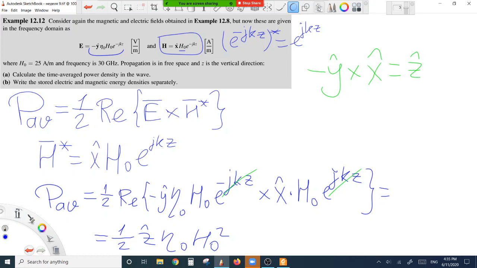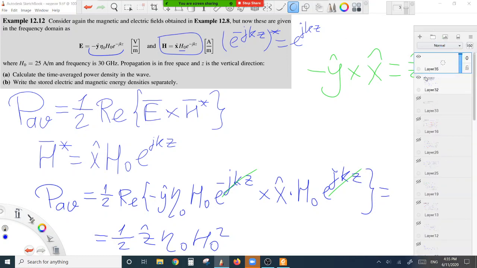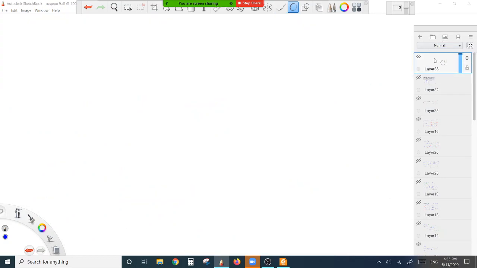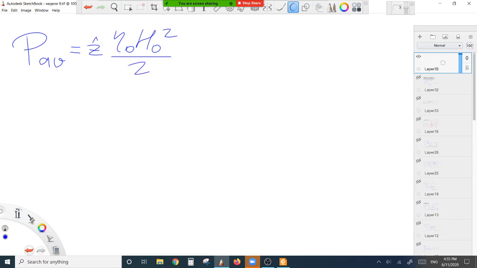So the time averaged power density in the wave, we have found, is z eta 0 H0 squared over 2.